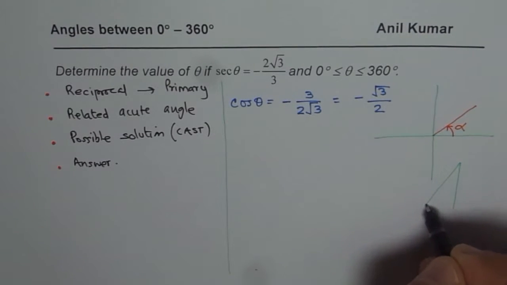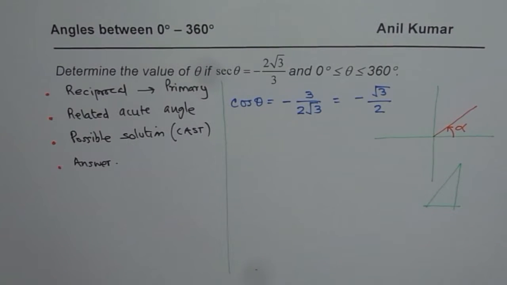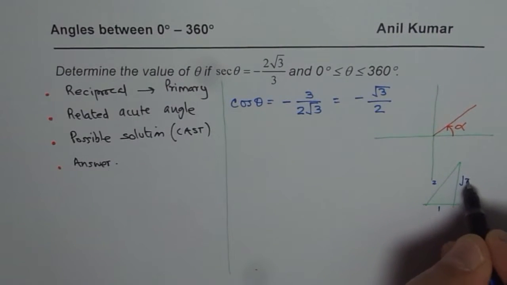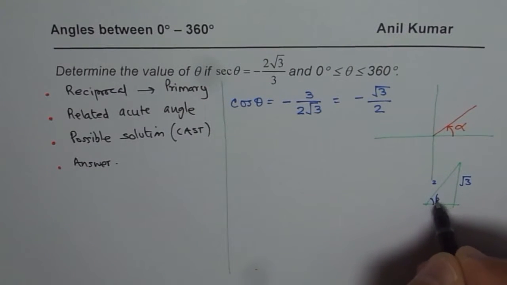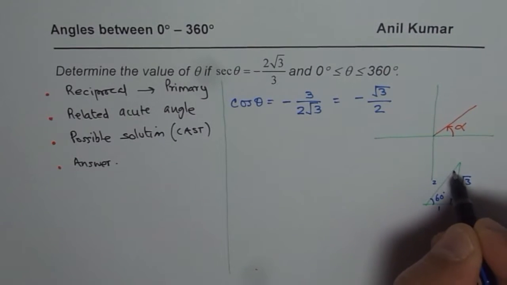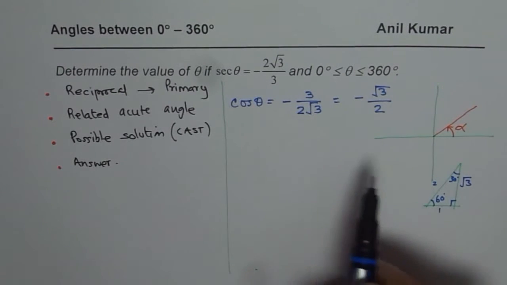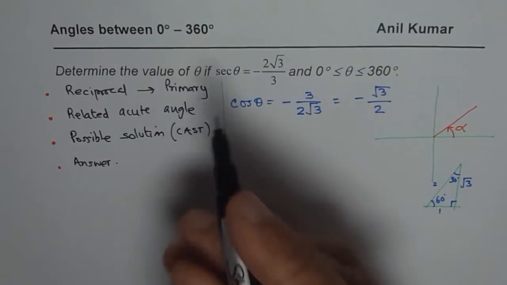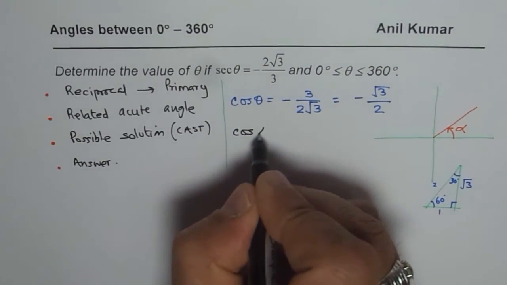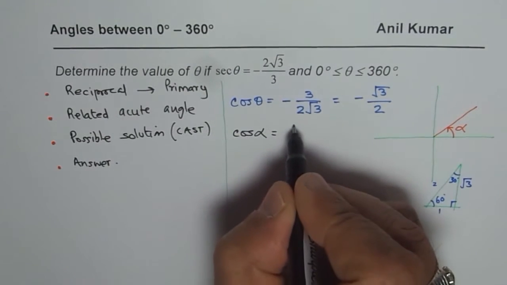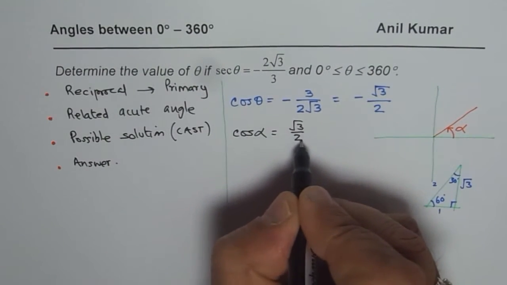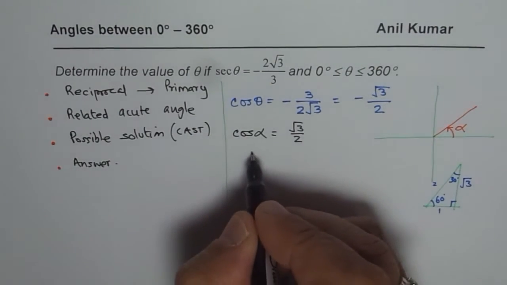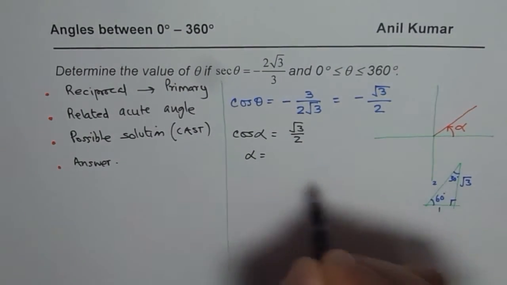So let me sketch one. That is our special triangle whose sides are 1, 2, square root 3. The angles are 60 degrees, 90 degrees and 30 degrees, correct? So let me write acute angle here. I'm writing cos of alpha, we'll just find it for the positive value. So square root 3 over 2 means alpha equals 30 degrees, correct?